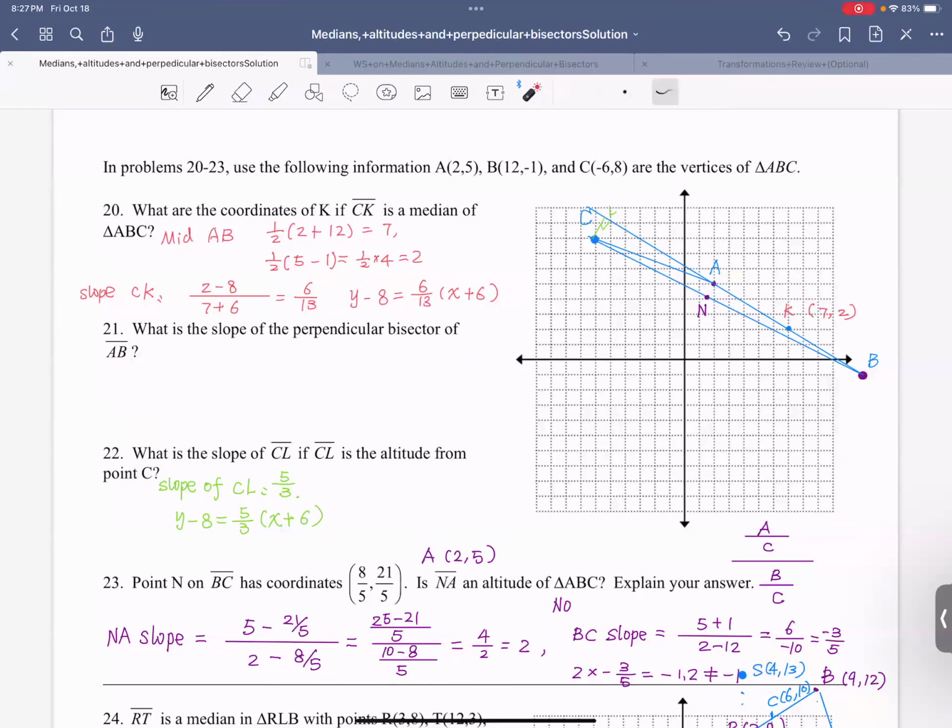What is the slope of the perpendicular bisector of AB? You want to find this slope and you want to find that slope. Go ahead, do your number 21, also number 22, and send me your work.